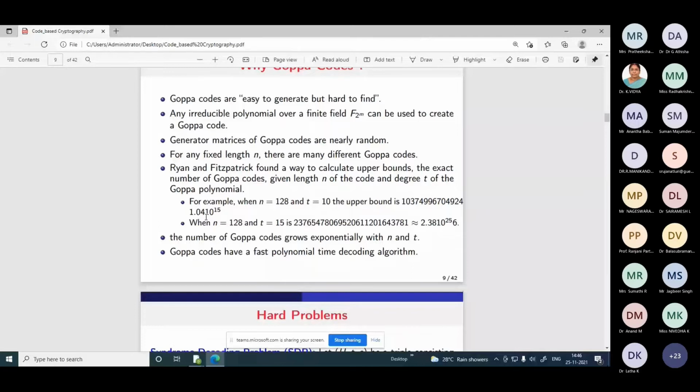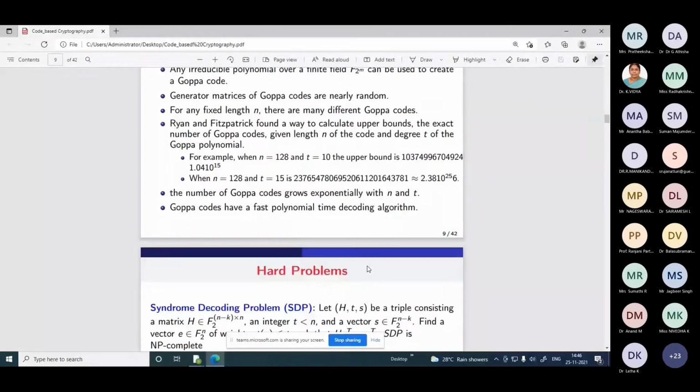So many Goppa codes are available with the length n and the parameter t. Similarly, for n equal to 128 and t equal to 15, you have this many Goppa codes. So the number of Goppa codes grows exponentially with n and t. So Goppa codes have a fast polynomial time decoding algorithm.